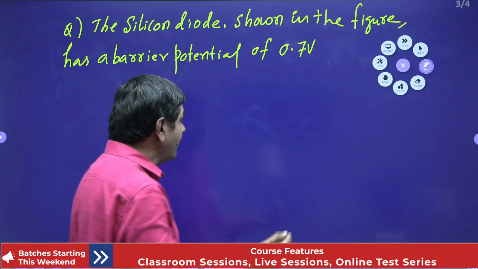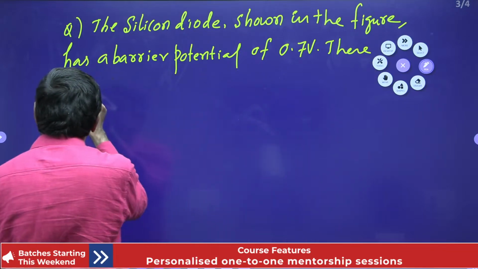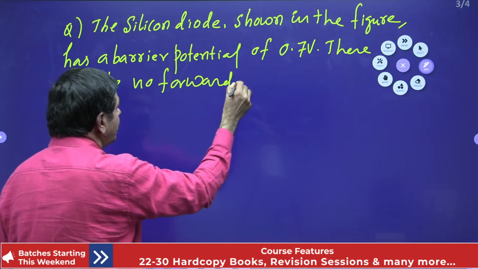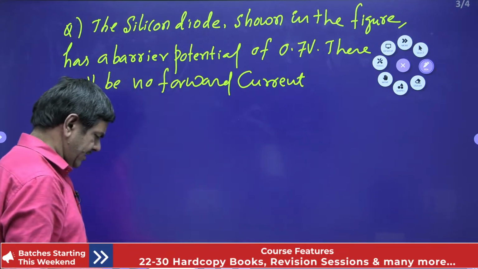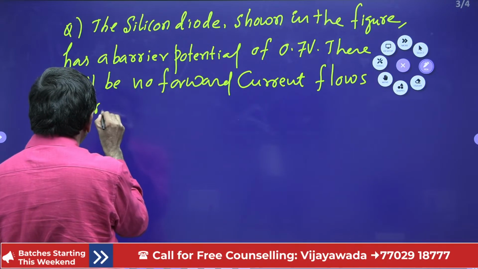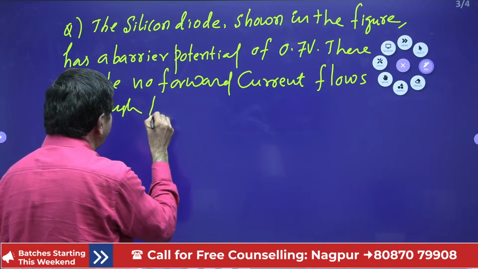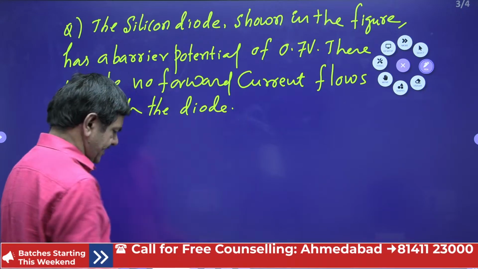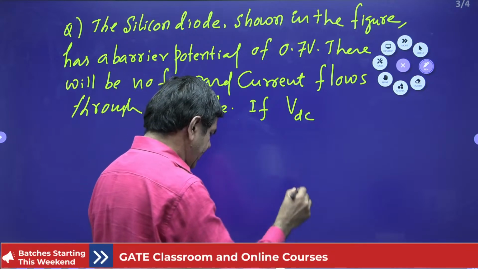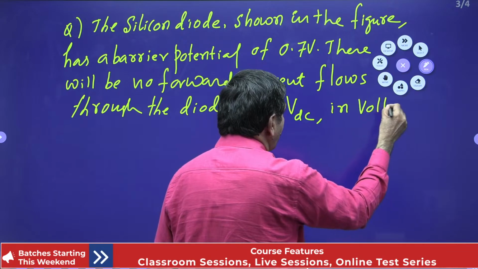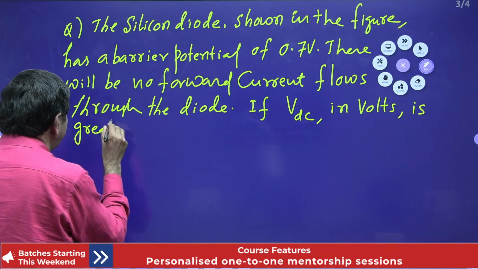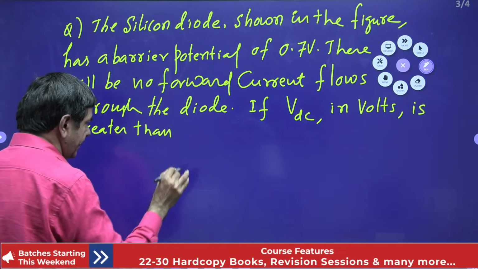There will be no forward current flowing through the diode if V_DC, the DC voltage in volts, is greater than, that's all given, greater than, that's all.